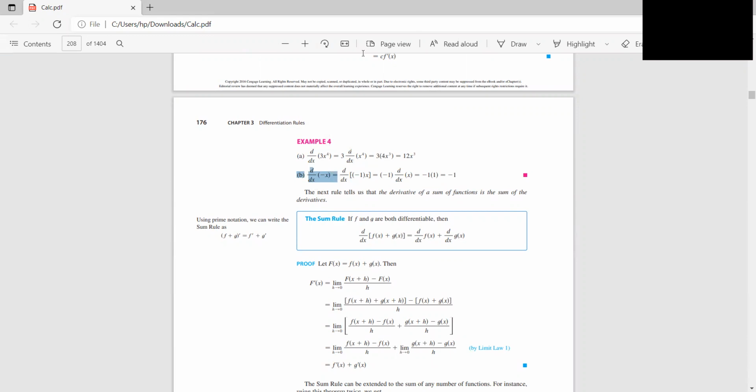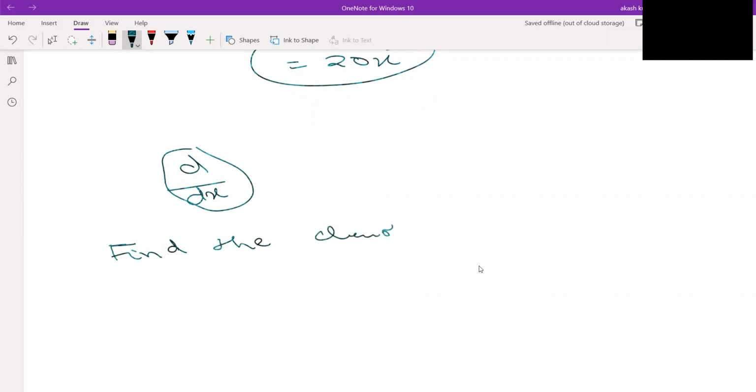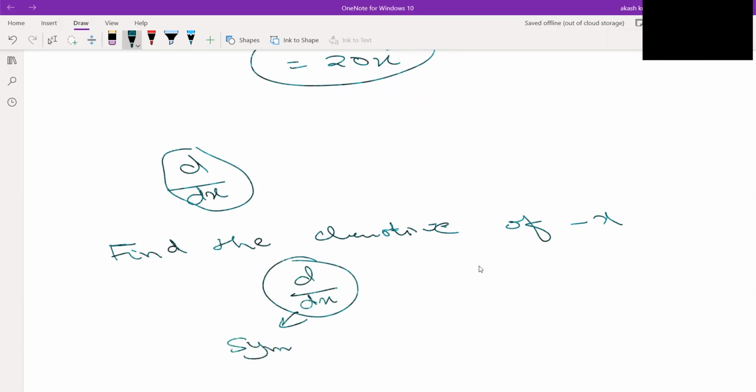D over dx, this is just part of the question, nothing important for us. This is the symbol that we use for derivative. If someone asks to find the derivative of -x, I'm just writing it quickly, then we write the symbol for derivative and whatever the function is.